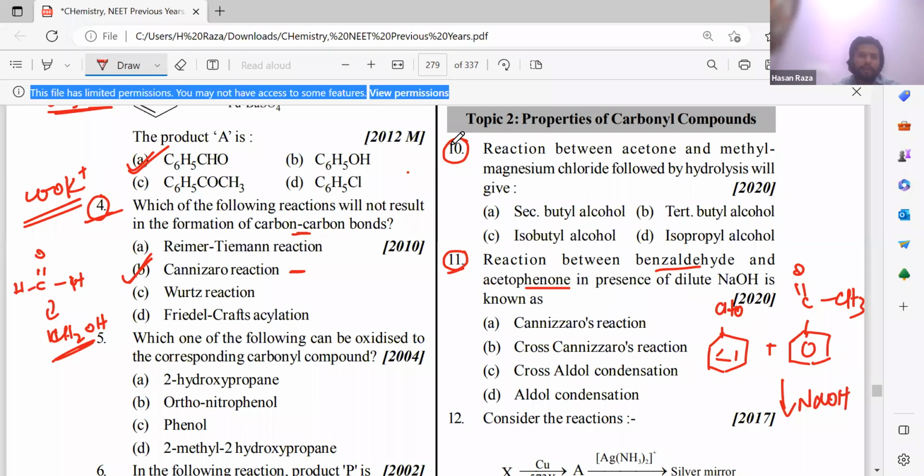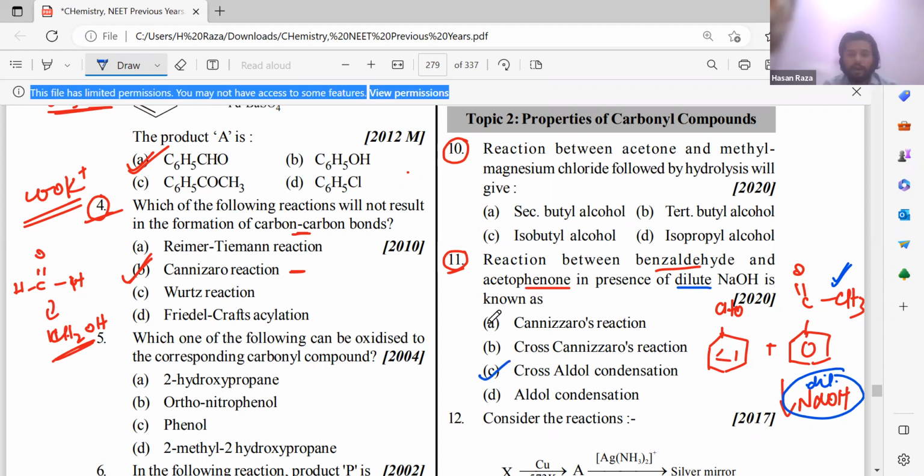First of all, you need to see that dilute NaOH is there, right? In the question, it has been written dilute NaOH. So there must be something in our mind. That is, very good Aksa, it is aldol. Now you can see this has an alpha hydrogen and both are different, so it is cross aldol.